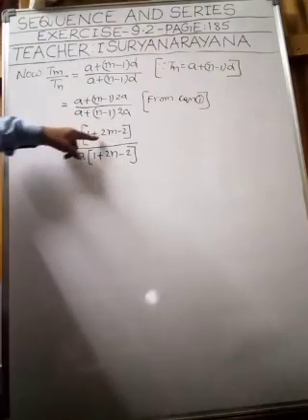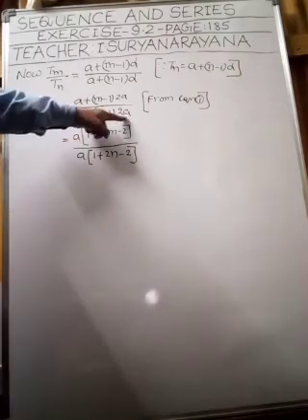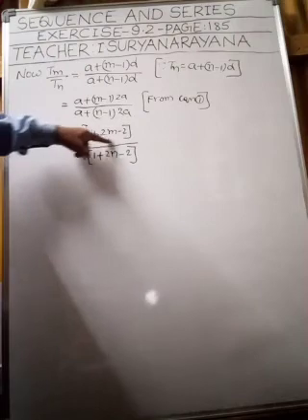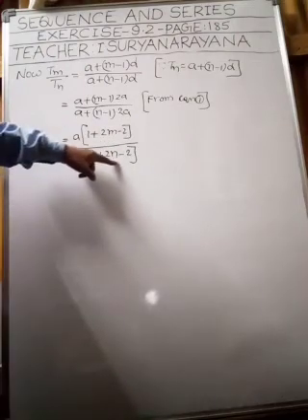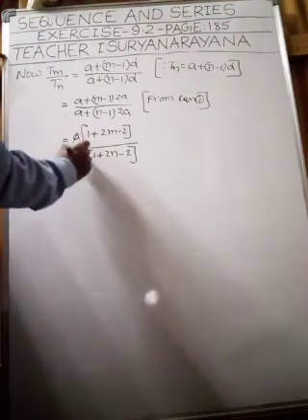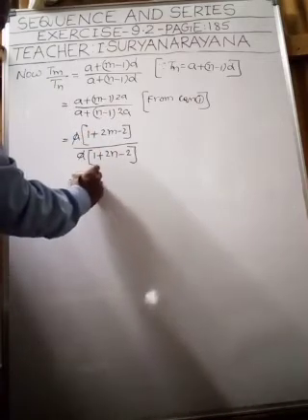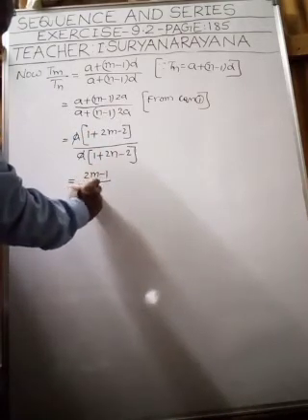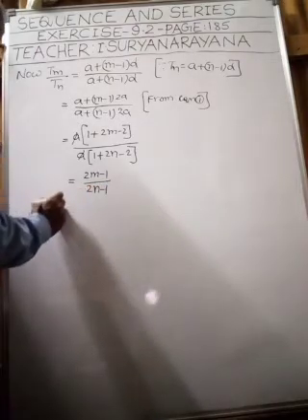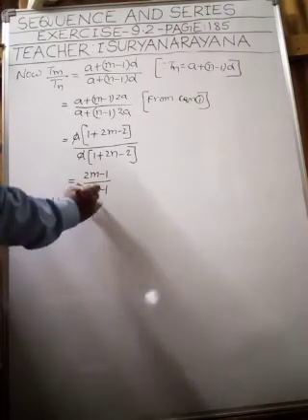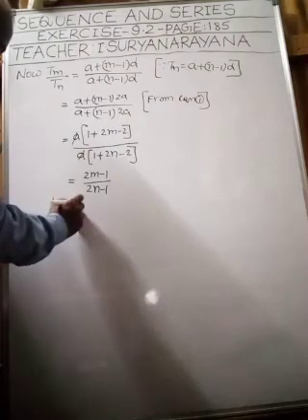After taking the a common, here we get numerator like this and we get denominator. Now let us strike out a. Then what will you get? 2m minus 1 by 2n minus 1. This is nothing but the required result. So hence proved.